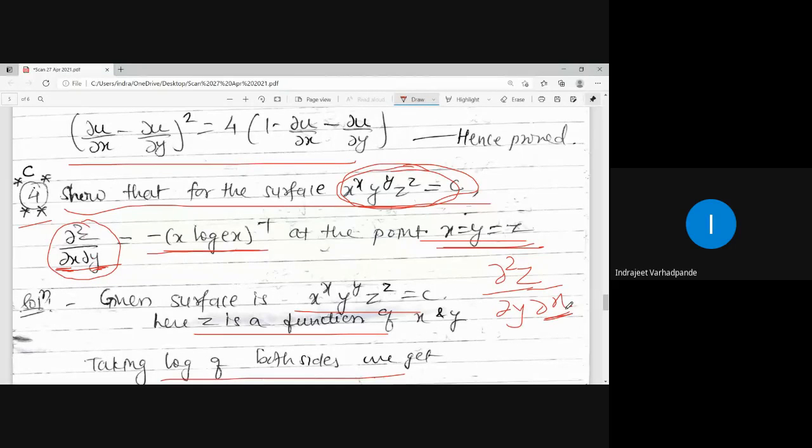So no matter if you differentiate first with respect to x and then with respect to y, but to avoid confusion I always prefer differentiating with respect to the innermost variable first. So here in del 2z by del x del y, the innermost is y.